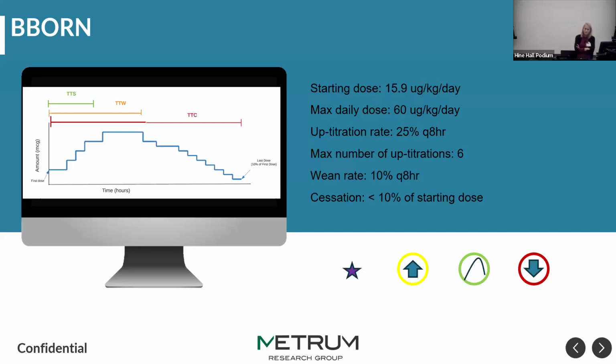For buprenorphine, I think they just determined that the driver of that PD endpoint was the parent molecule. So I don't know if that was used to derive that target exposure. I don't think it was. I think they just looked at the parent and the PD endpoint. But they did model that in the publication for the PD model, so if you're interested in that, please look at that paper.